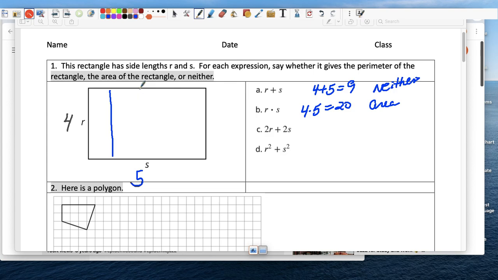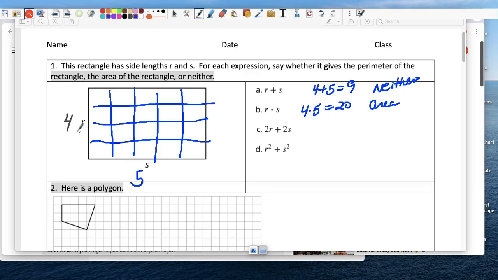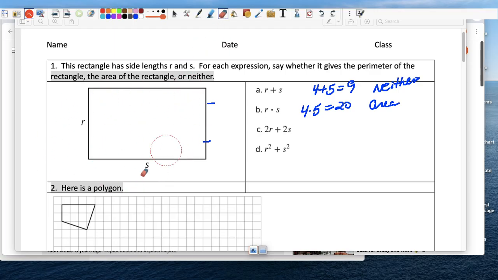So 1, 2, 3, 4, 5, and then coming across. So it's a shortcut, right? If I multiply 4 and 5, I get 20, which is the number of square units, and that's what happens when I multiply r, whatever number it is, with s, whatever number that is.